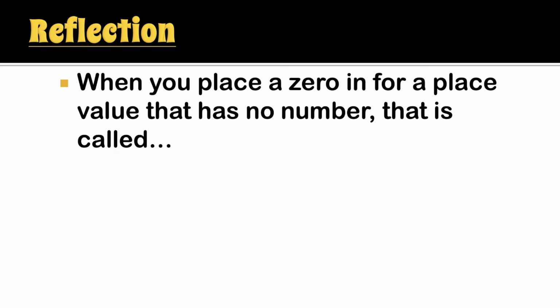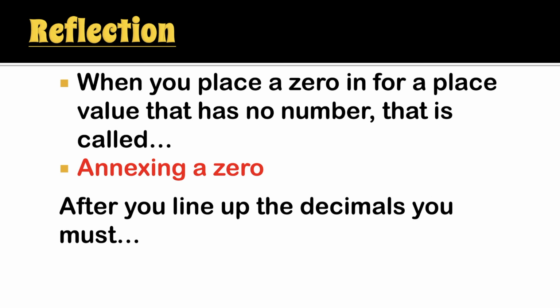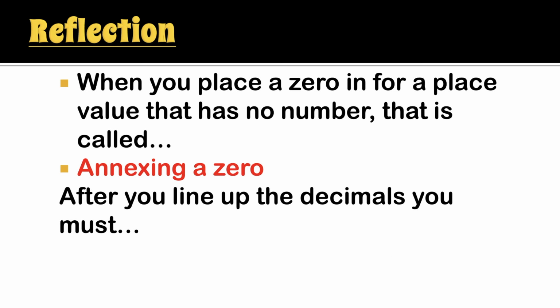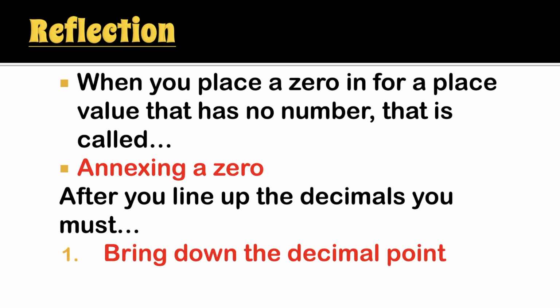When you place a 0 in for a place value that has no number, that is called annexing a 0. After you line up the decimals, you must 1. Bring down the decimal point in the answer, and 2. Annex any zeros needed. So if you have any blank spaces, make sure you put a 0 in those spots.